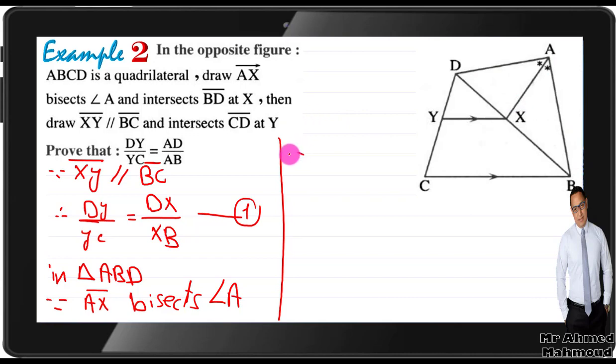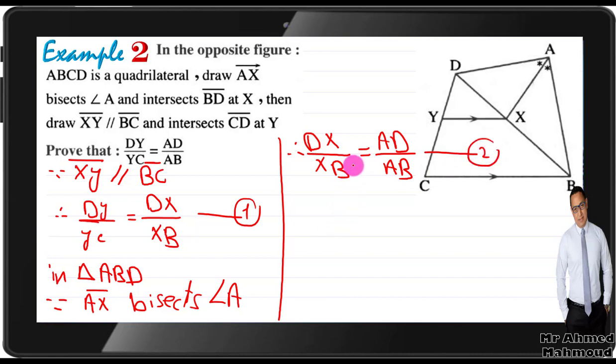Therefore, DX over XB equals AD over AB, and this is number 2.